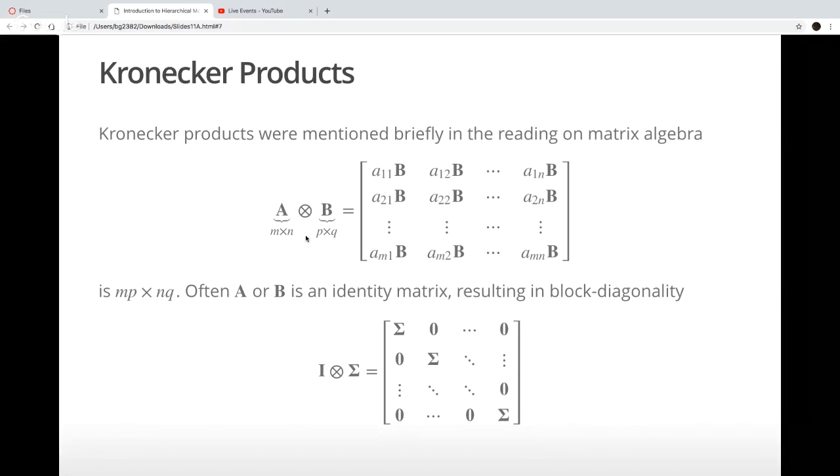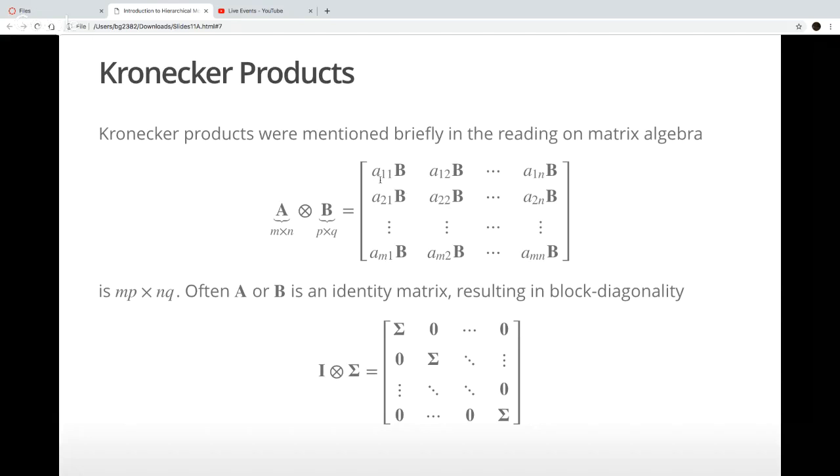that you're Kronecker producting together. The Kronecker product is basically defined as: you take each scalar in the matrix on the left, A, and you multiply it by the whole matrix on the right, B. And then you stick that block, basically B scaled up by some coefficient of A, into the appropriate place in the resulting matrix.